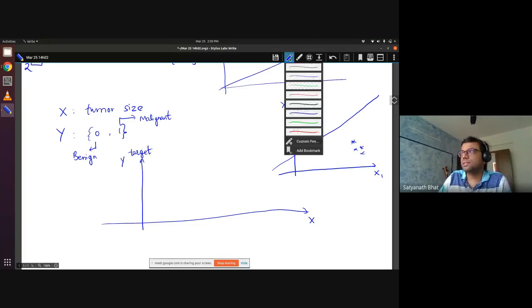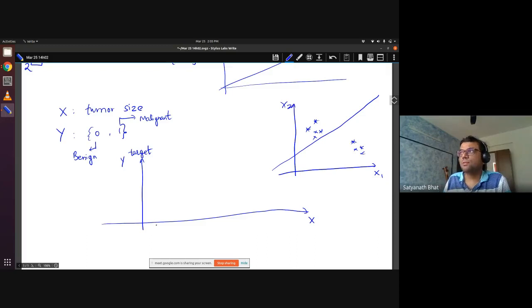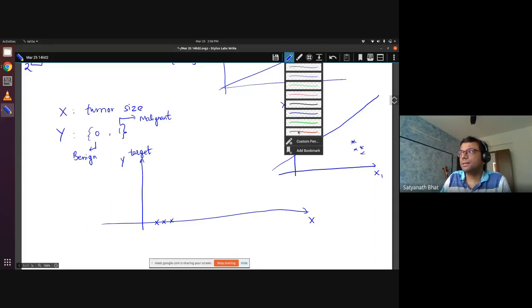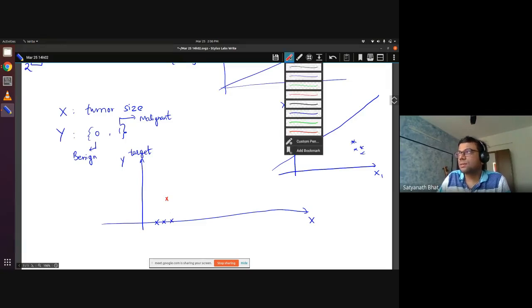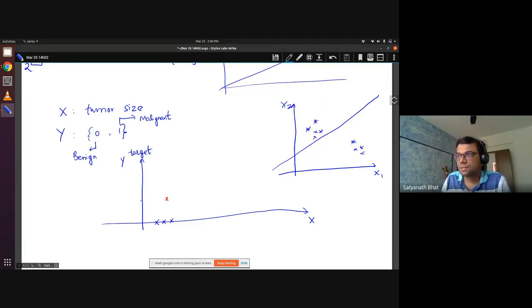What that means is that some tumors which are benign will typically have low size, and they will be here, and some of them which are malignant, they will be here. Why is this over here? Because this is the target 1, and this is the target 0.